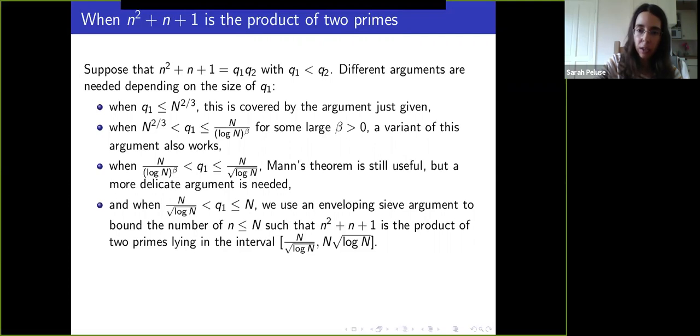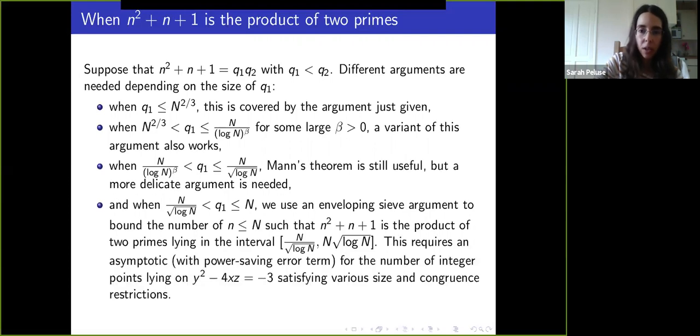But I will mention, even though I said the enveloping sieve argument itself is pretty routine, it actually has a pretty interesting input. To do it, I required an asymptotic for the count of certain points on this three-dimensional hyperboloid, where x, y, and z have to satisfy various size and congruence restrictions. So I kind of enjoyed that. I wanted to say something about perfect difference sets, but then I had to count points on surfaces.